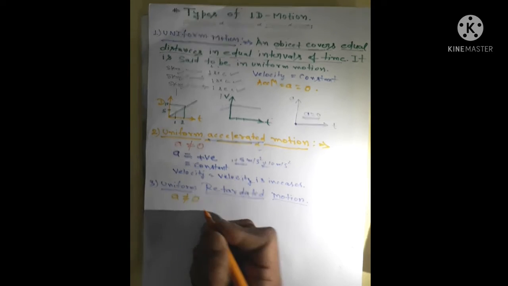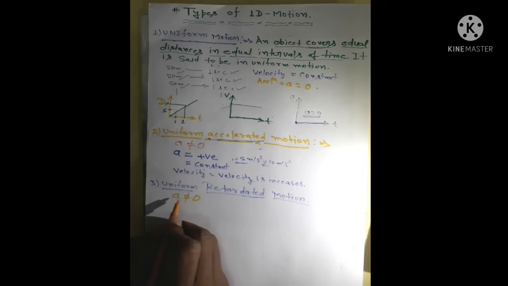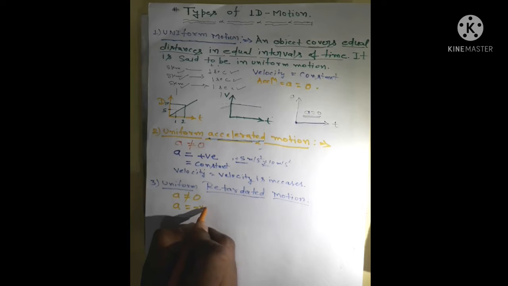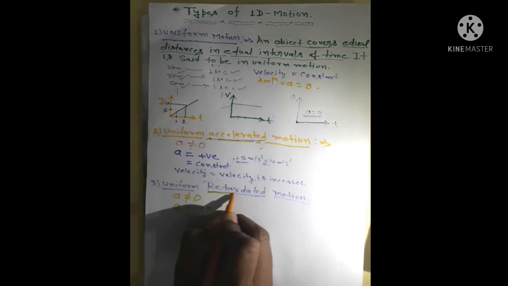Acceleration is negative. Retarded means negative.